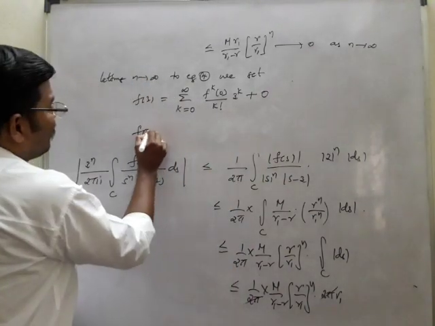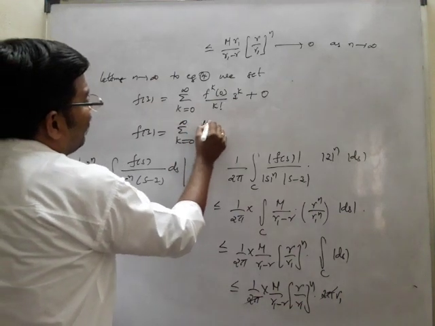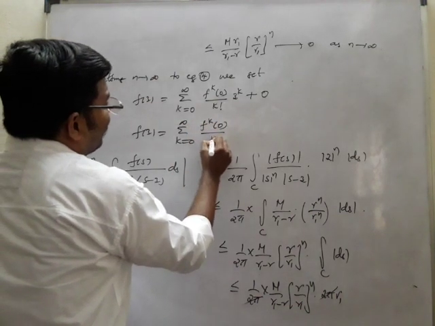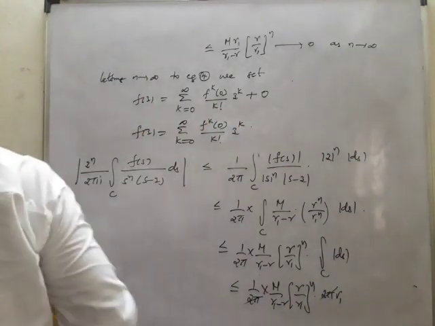So f of z is summation k equal to 0 to infinity f power k of 0 by k factorial into z power k. Now this is what you got.